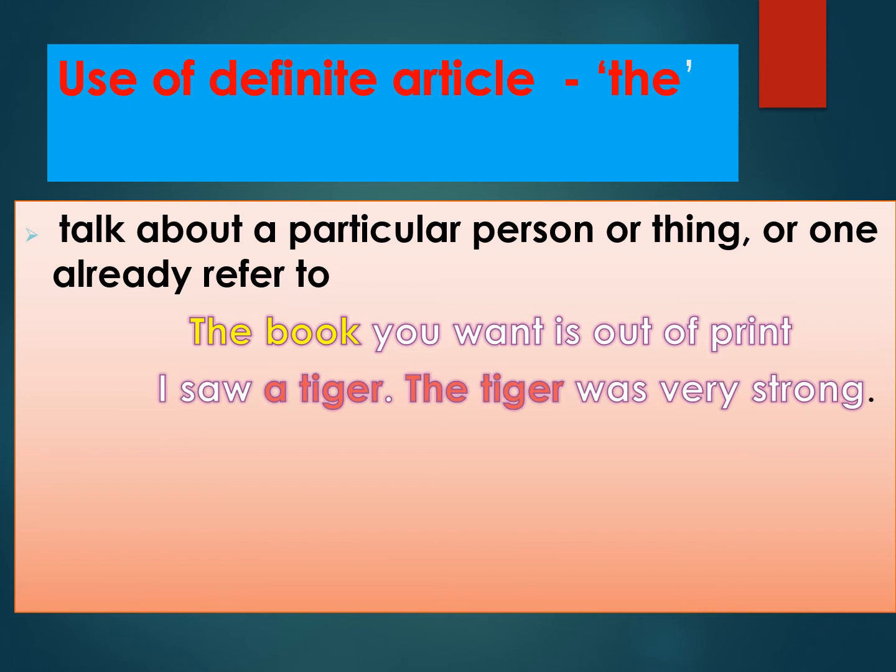Let us see another example. I saw a tiger. The tiger was very strong. Students, see the second sentence. In the second sentence, the tiger means the tiger already talked about in the previous sentence.